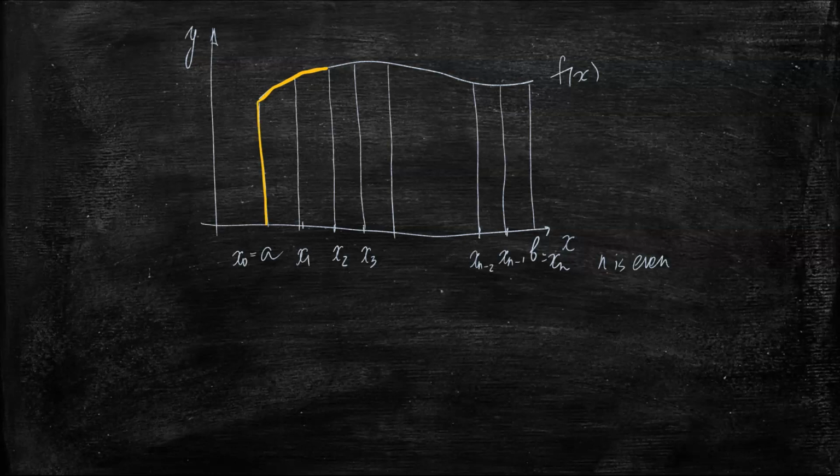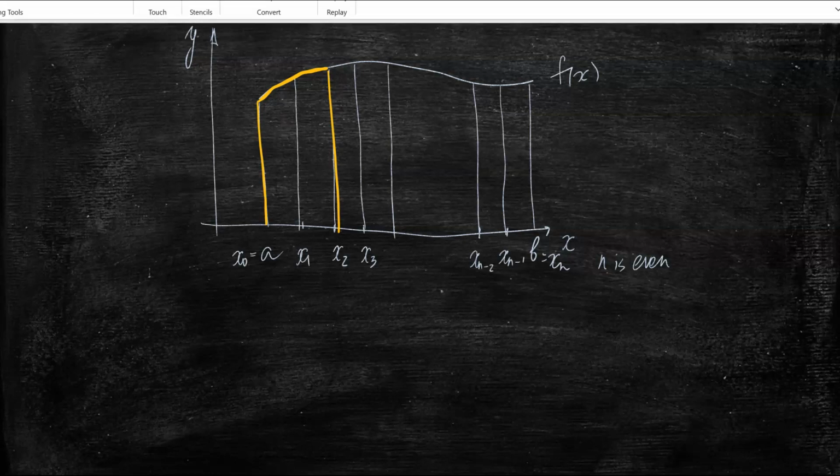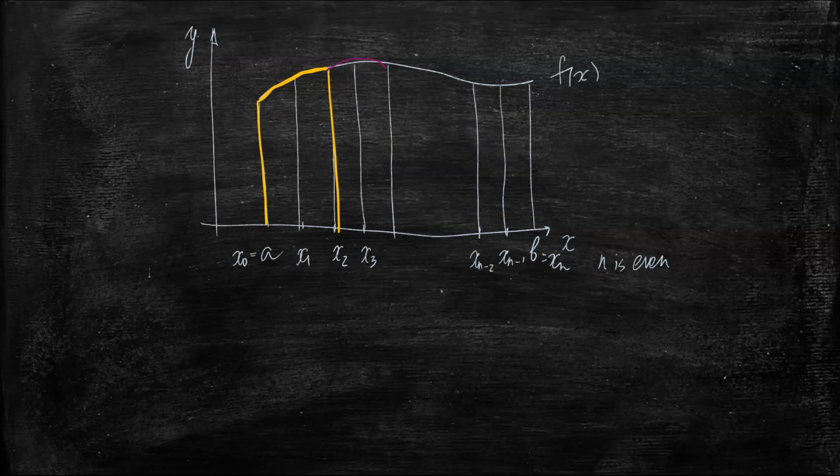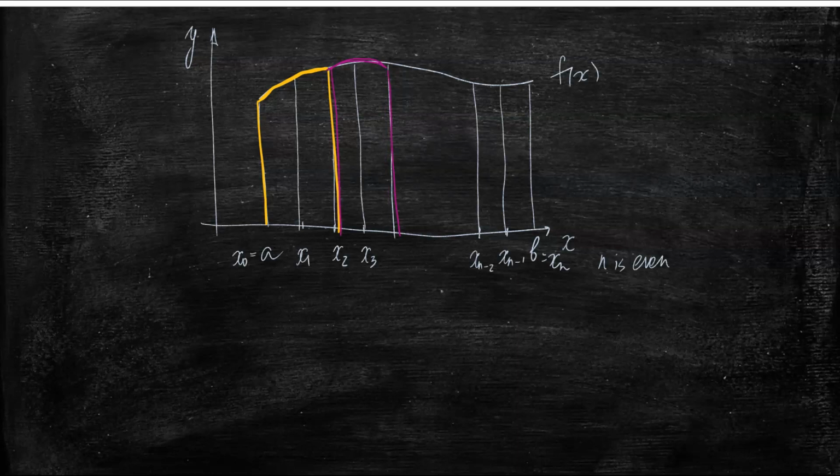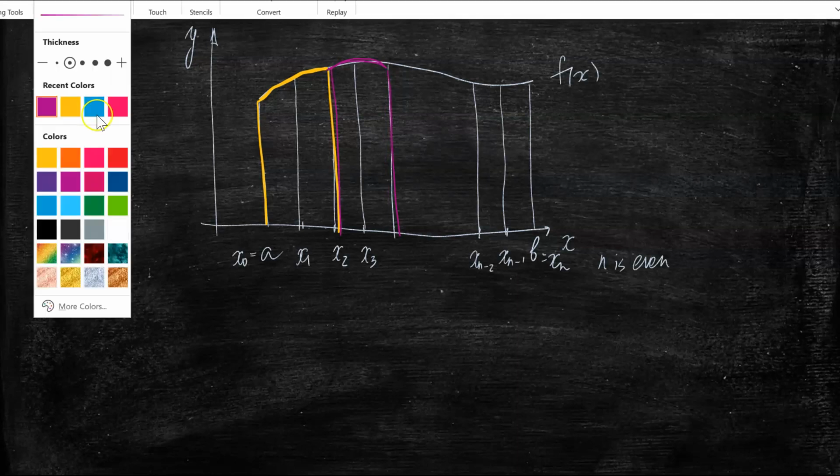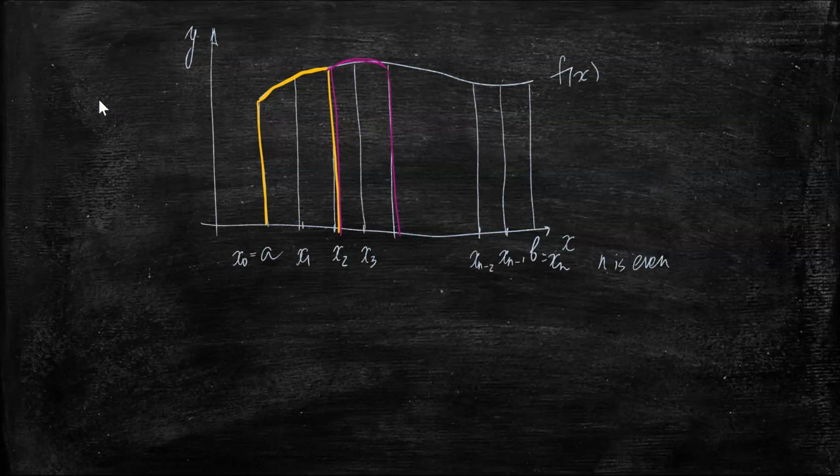This is going to be one parabola approximating this area. This is going to be another parabola, and so on and so on. And hopefully you now see that we do have to have an even number of intervals in order for us to be able to create these parabolas.